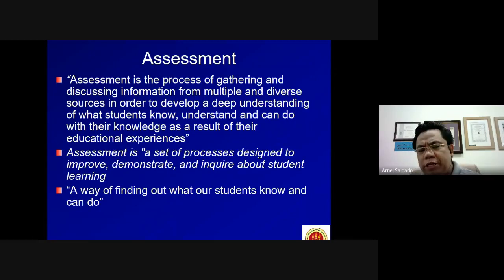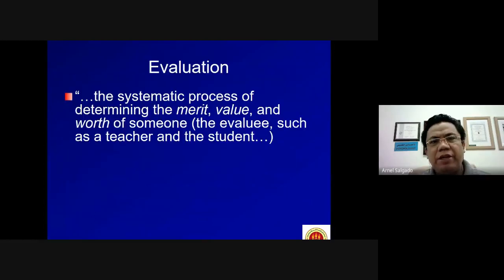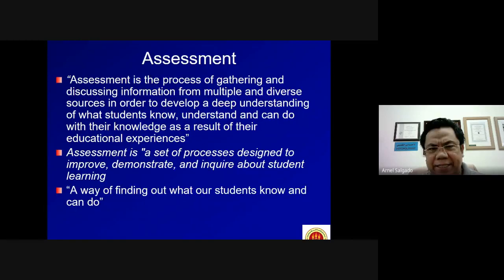We are going to look into evaluation. So what's the difference between assessment and evaluation? Assessment is a form of measure. What about evaluation? Let us try to look into this. This is a systematic process of determining the merit. We're going to look into the value. See, the word itself: assess is to measure.